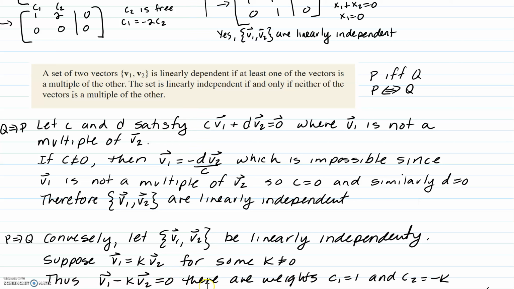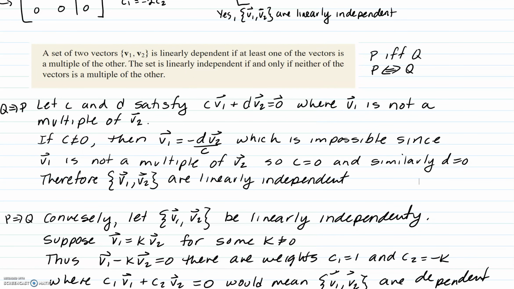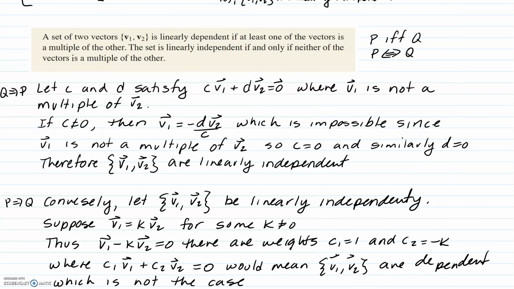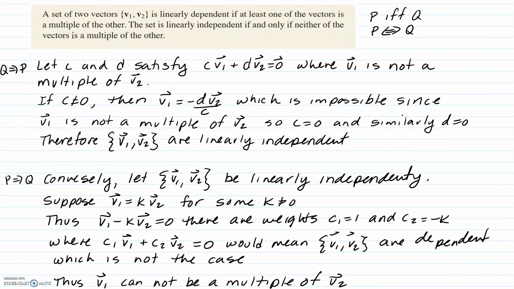That means that there would be weights, c1 being 1 and c2 being negative k, where that linear combination has a non-trivial solution, where c1 v1 plus c2 v2 equals 0. It would mean that v1 and v2 are dependent, which is not the case. So therefore, v1 cannot be a multiple of the other.